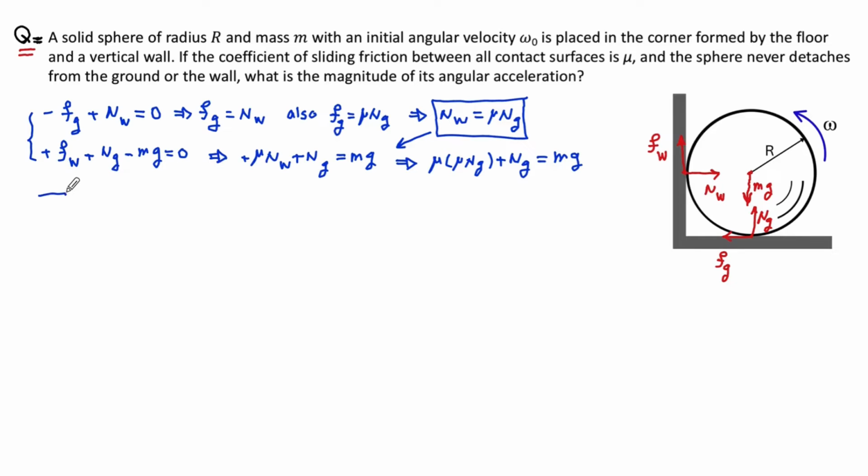Therefore, if we factor Ng out of this equation, we get Ng times 1 plus mu squared equals mg. So Ng, we found Ng as mg over 1 plus mu squared.